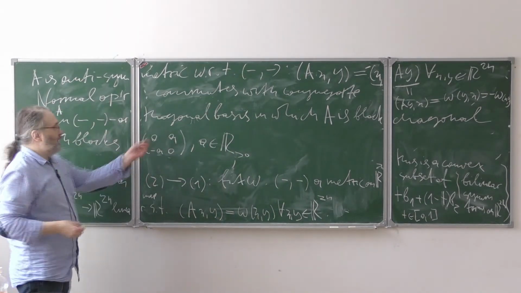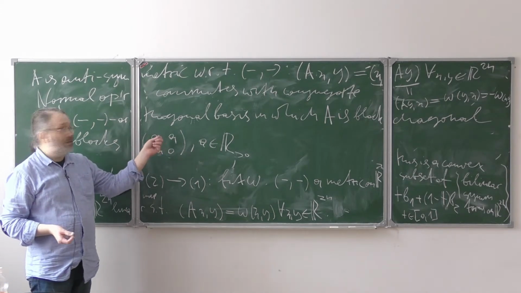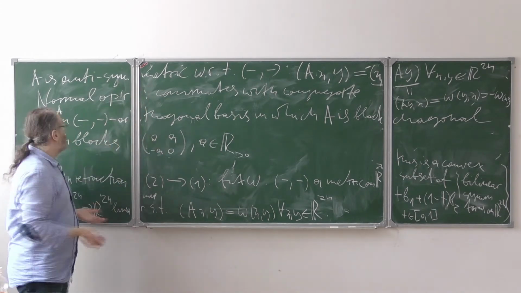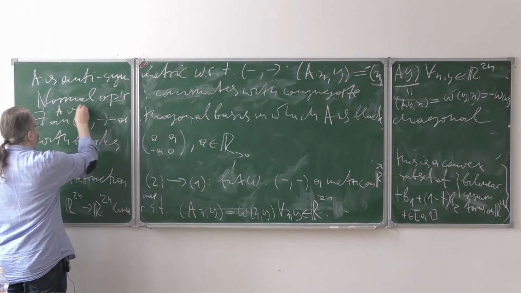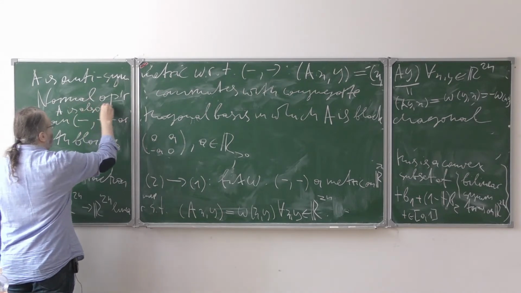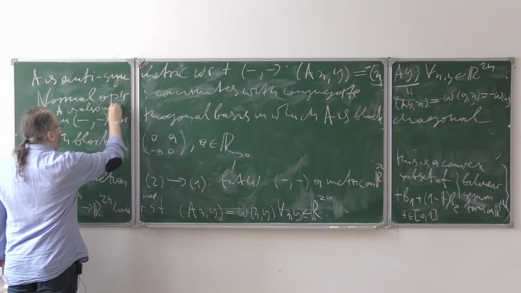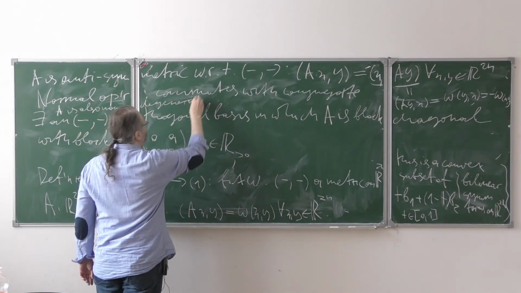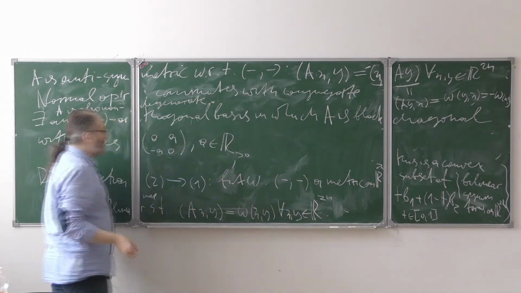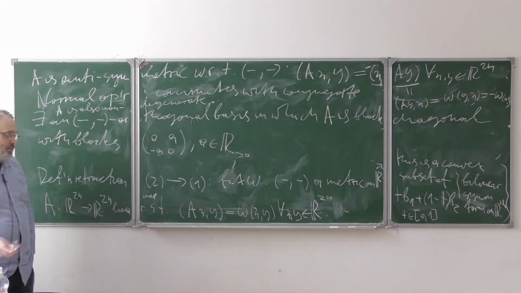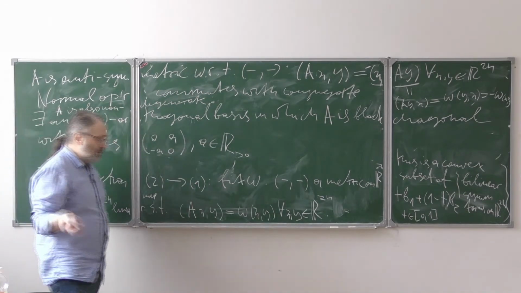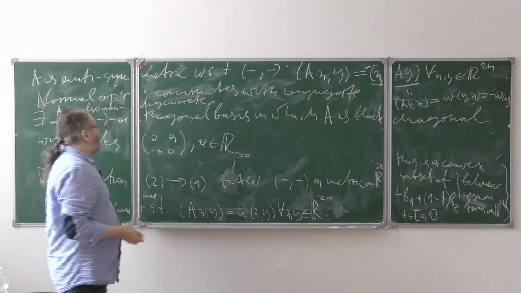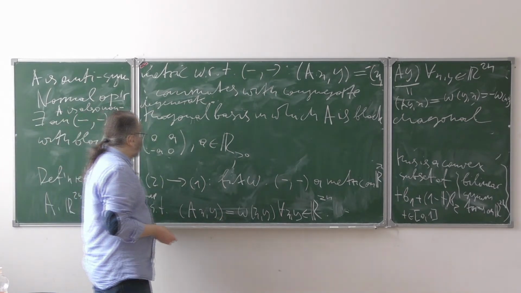Well, a can't be 0 because capital A is non-degenerate. So 0 is not an eigenvalue.